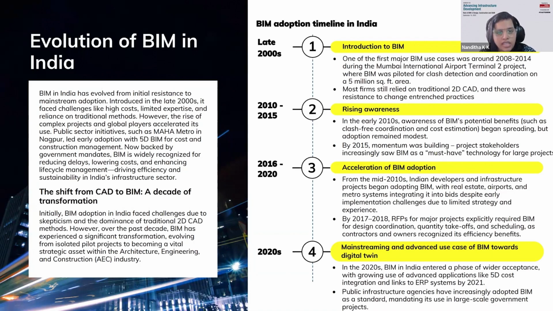Around the 2010s, we saw rising awareness among different organizations as well as institutions to adopt BIM. By 2015, we can definitely say that BIM is not just something that some organizations are looking at. Many organizations as well as governments have mandated BIM during the course of their projects. And in the 2020s, we are talking about connected BIM, 4D, 5D capabilities of what we can do in the infrastructure space.